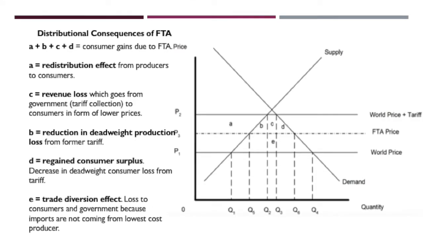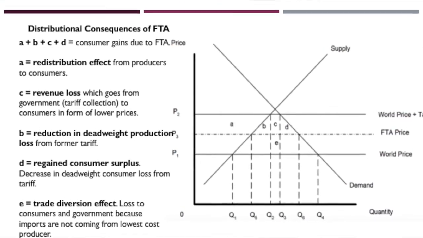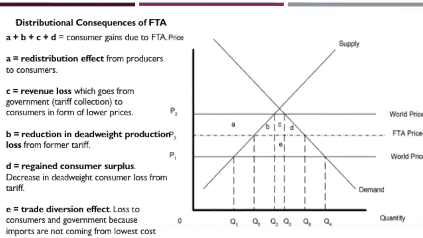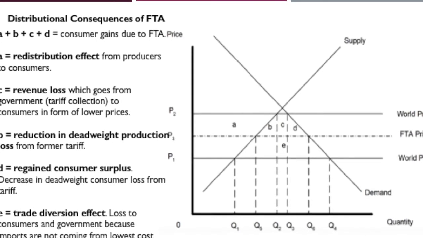Now, the really important one here is the thing in Area E. Area E is what they call the trade diversion effect. And this is an inefficiency that comes from free trade with a single partner or just a small group of regional partners, say under the NAFTA. What you're doing under free trade with a single trading partner, or two like under the NAFTA, is you are incentivizing the tariff-free importation of goods from countries who may not be the world's most efficient producers.